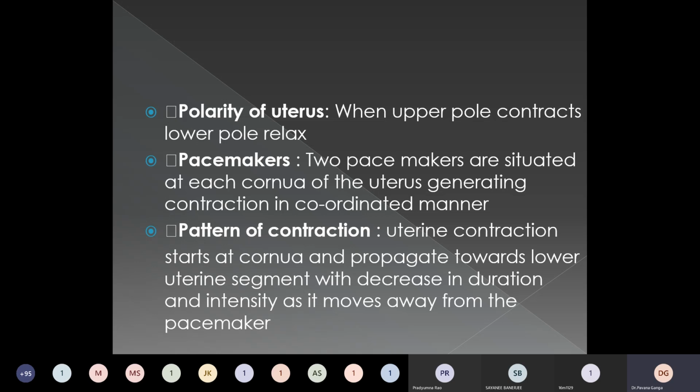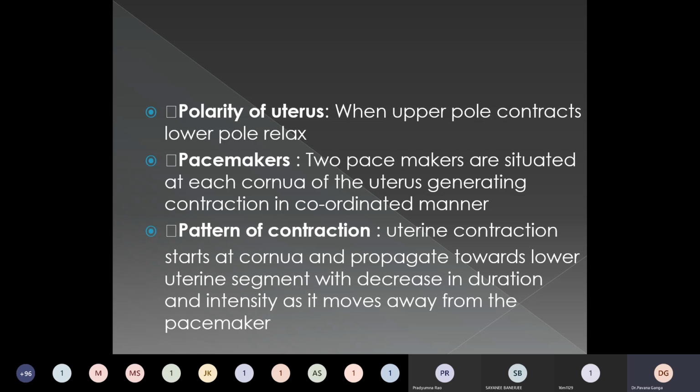So in the fundus, the pressure will measure around 50 to 80 mm of Hg, whereas in the lower uterine segment or at the cervix, the pressure gradually reduces to 15 to 25 mm of Hg.